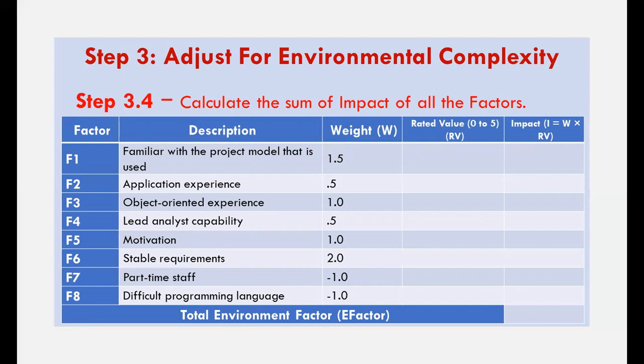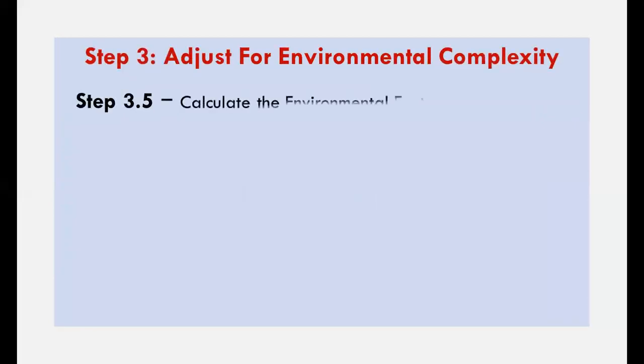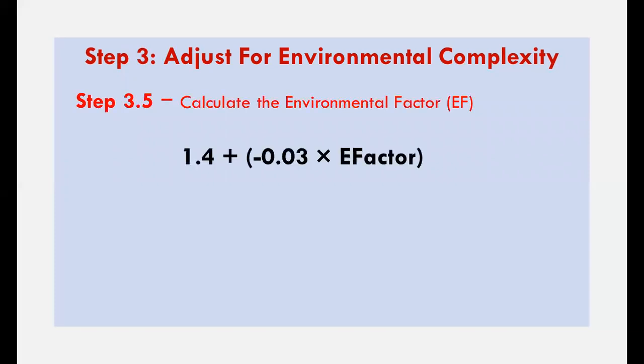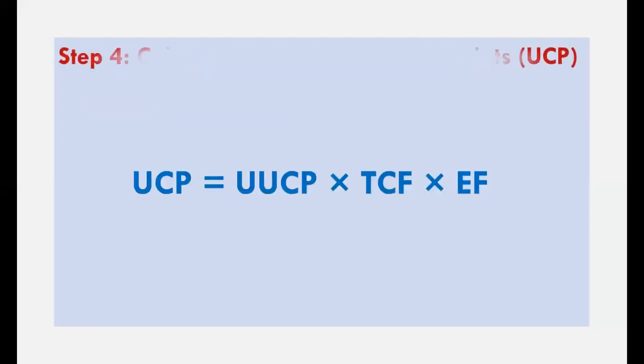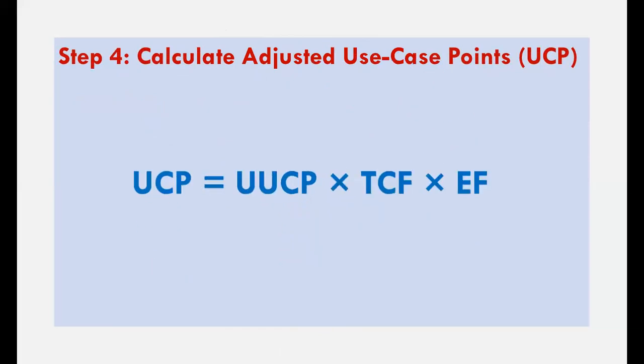And in step 3.5, we calculate the environmental factor EF. This environmental factor EF is given by the formula 1.4 minus 0.03 into E factor. So this gives you the environmental factor EF. Now in step 4, we need to calculate the adjusted use case points.